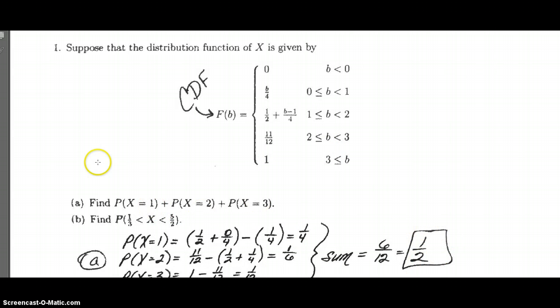So this function is basically going along, steadily increasing. At these 3 points, there's a jump in the probability. In other words, these 3 points make up half of the 1 probability we're going to have. Where's the other half? We know that the total probability has to equal 1.